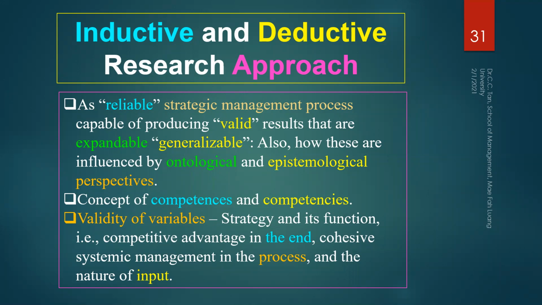So you have to have a reliable strategic management process, or a reliable business research process, capable of producing valid strategies or valid research conclusions, so that people in many different fields, in a similar context or environment, can apply your concepts. That is called generalizability, or generalizable results.